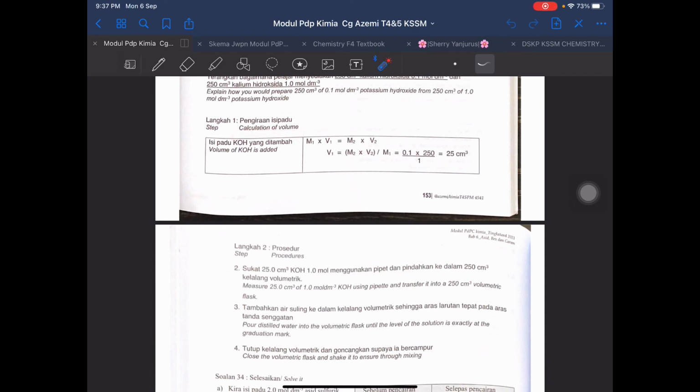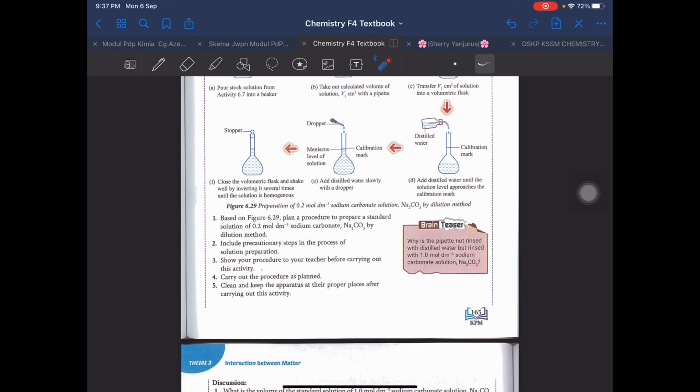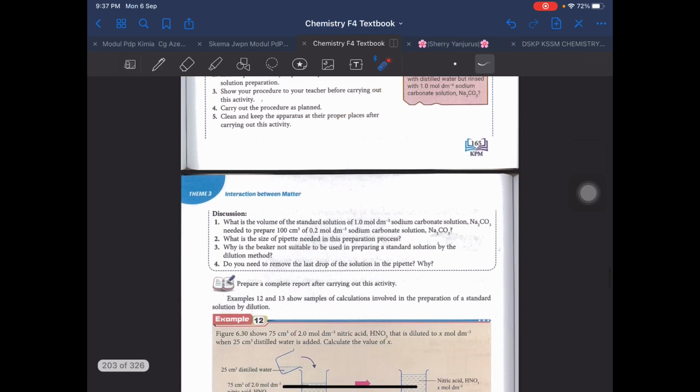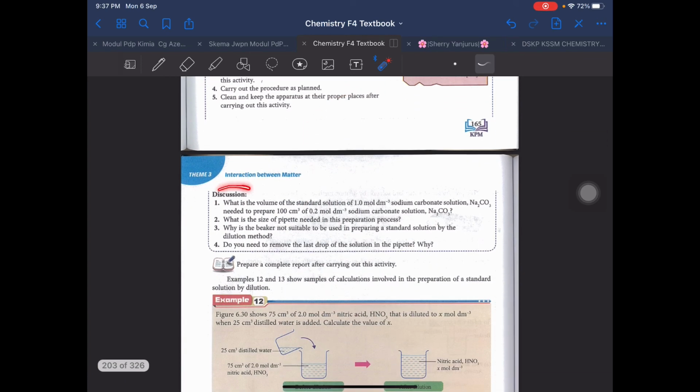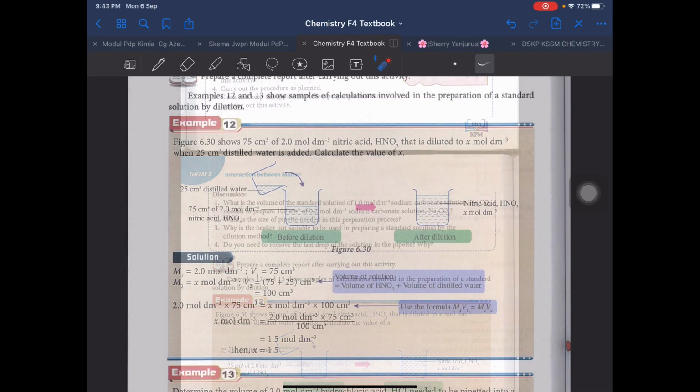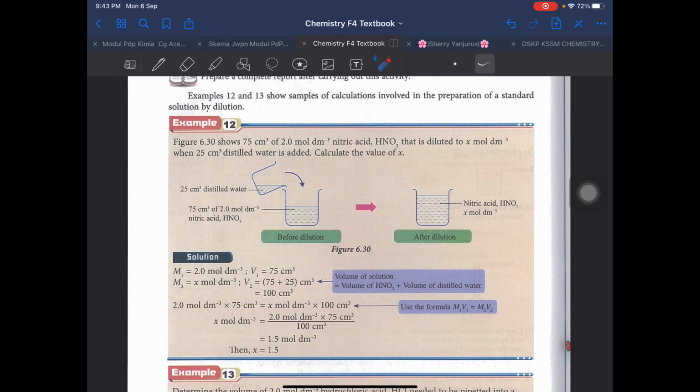Step number 2, procedures. Refer to these notes and complete the lab report, this one, in the textbook. And answer the discussion as well. If you have problem, please text me.